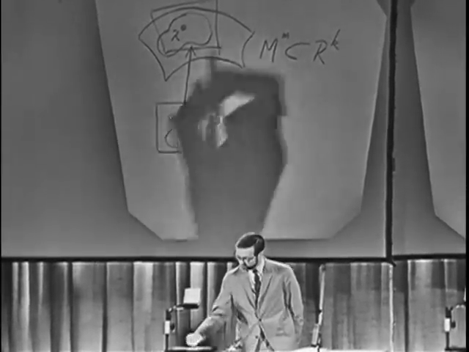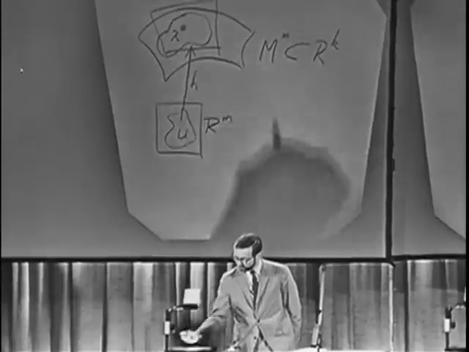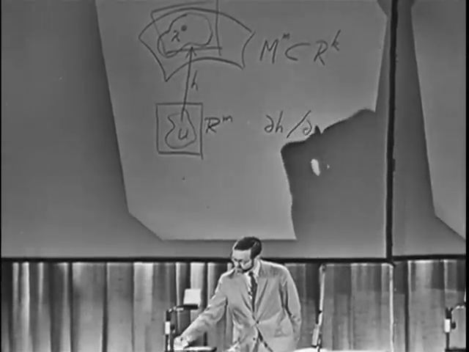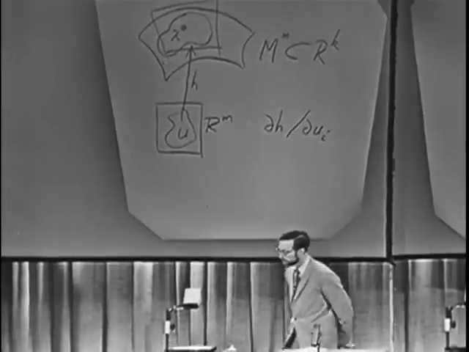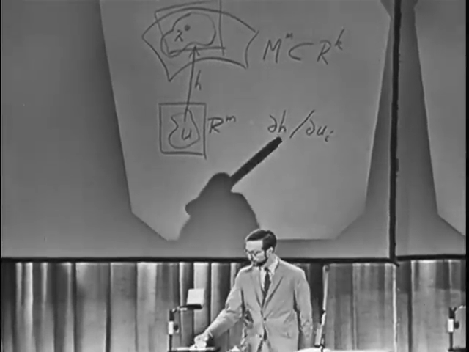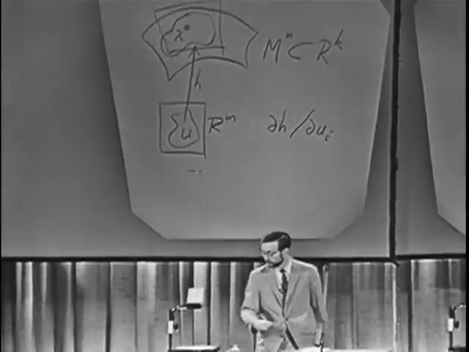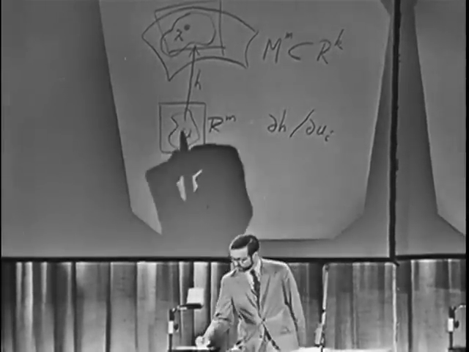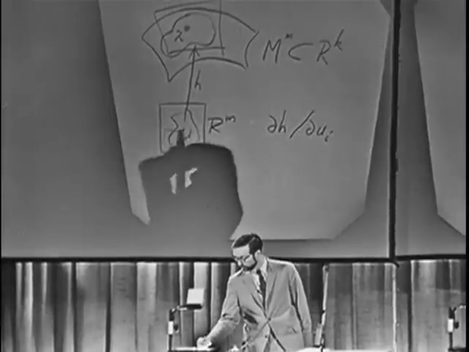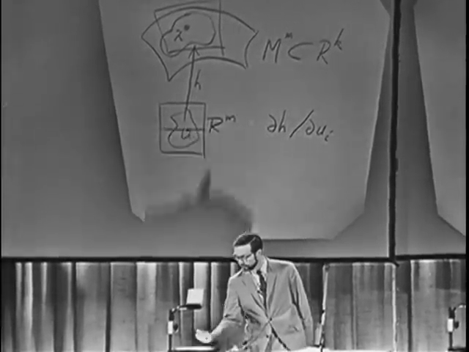Call this h, and suppose that we take the partial derivative of h with respect to the ith coordinate. Now here h is to be thought of as a vector function. So this is a vector function of one variable now. Since taking partial derivatives, I'm keeping all coordinates but one fixed, so only moving along a line here.